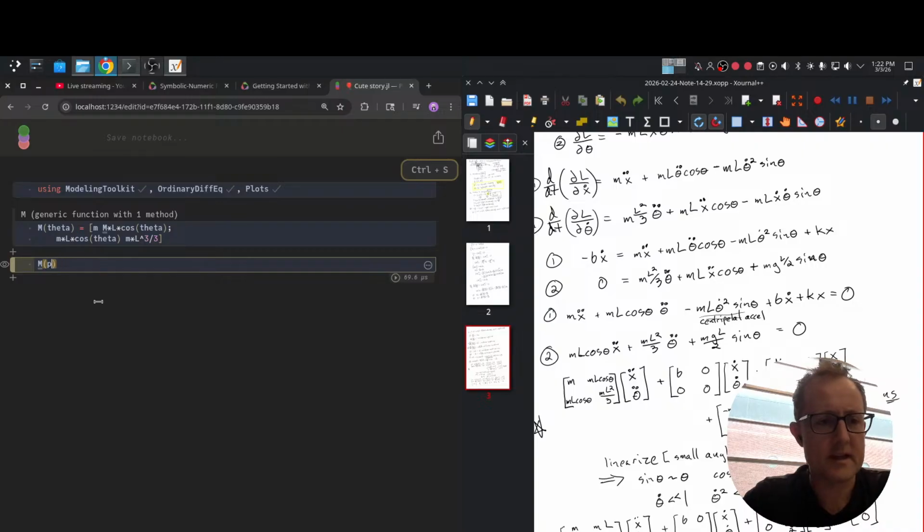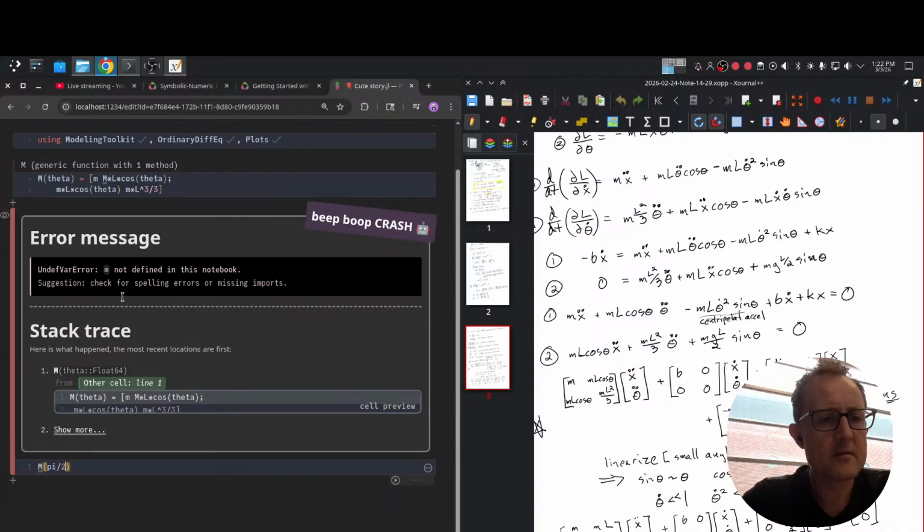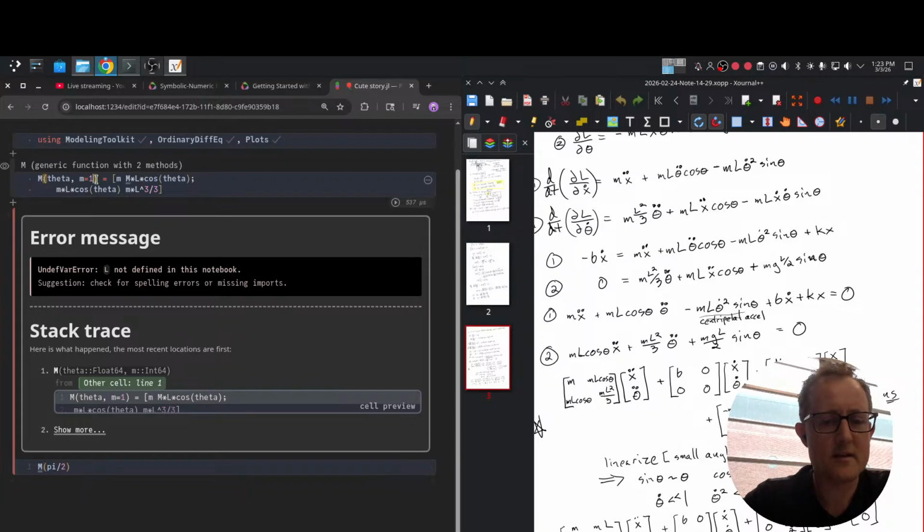So let's say pi over 2. Oh, and m is not defined. Let's say m equals 1 here. L is not defined, and we'll say L equals 1.